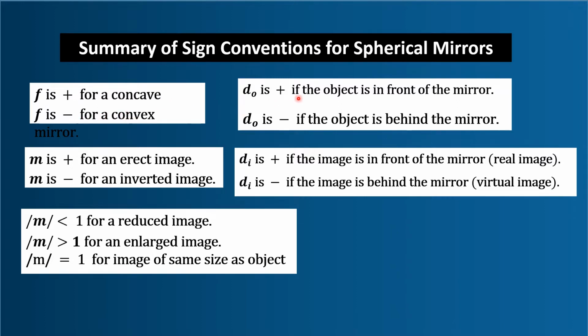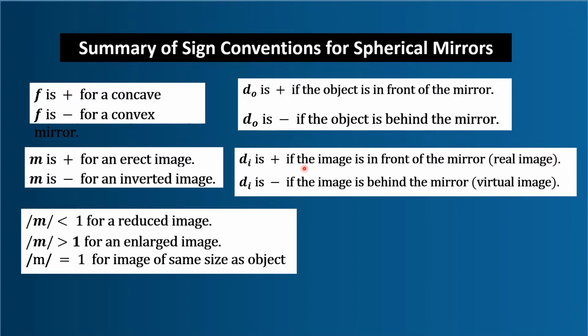Now, for the object distance, we call it DO. If the object is in front of the mirror, then the sign for DO must be positive, while if the object is behind the mirror, this is given a negative DO.